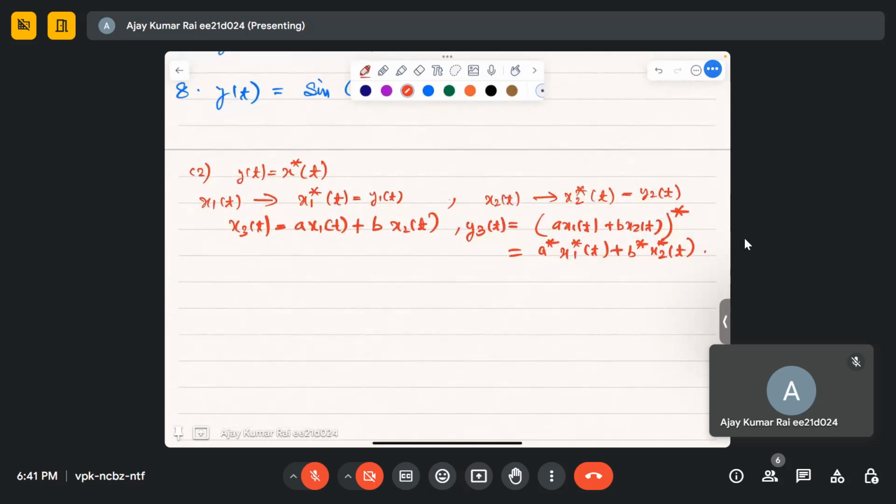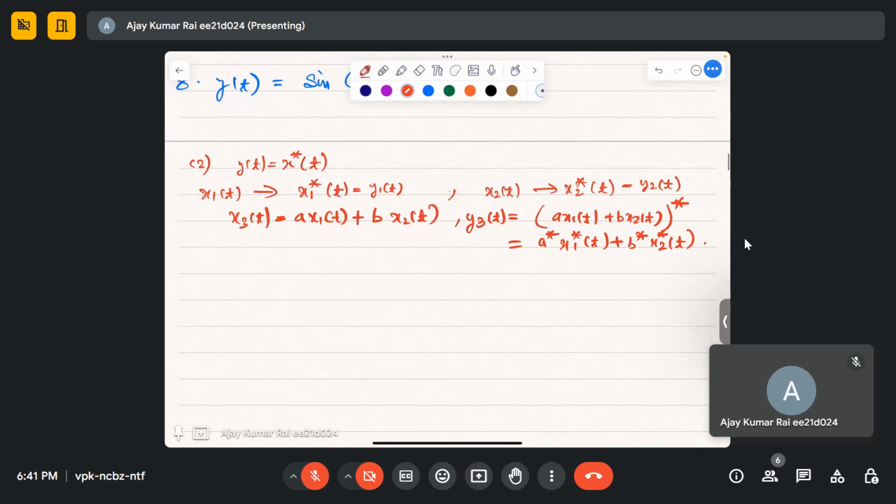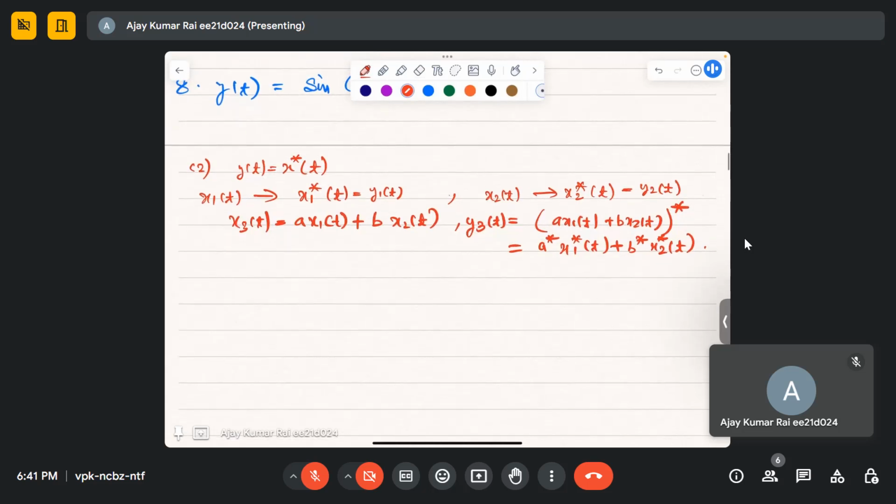But what should I get if this is a linear system? I should get a x1 conjugate t plus b x2 conjugate t, that is a y1(t) plus b y2(t). This is the response I was expecting if this is a linear system. I just compare these values, this one and this one.